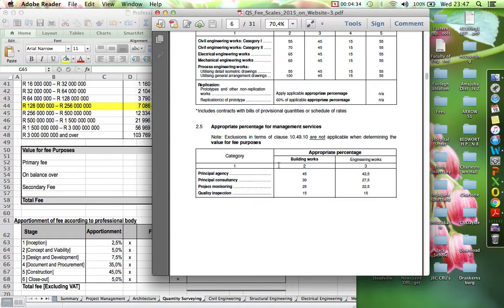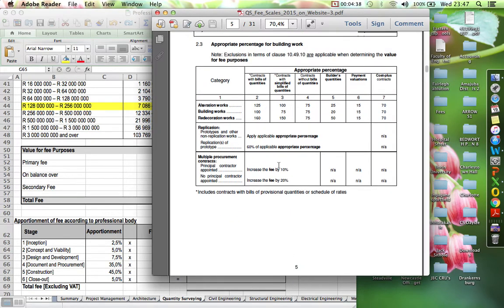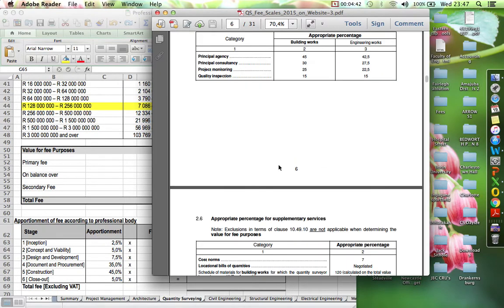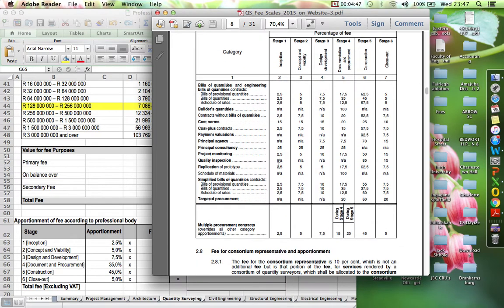What we're doing here, I want to show, yes, it's here. So which category does this fall under?